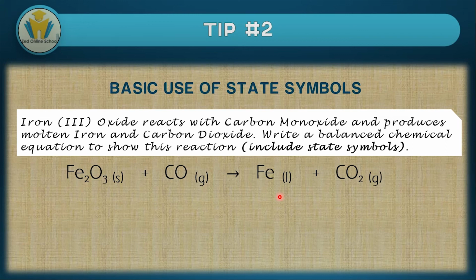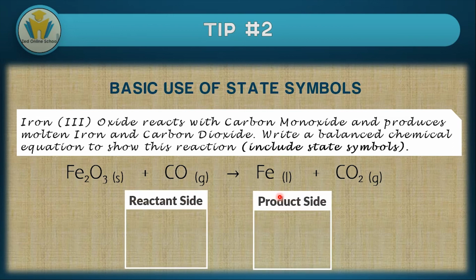It's because the iron that was solid now has been heated so high that it fails to remain a solid and becomes a liquid. Okay, now we use our tables again and see how these number of atoms are distributed.